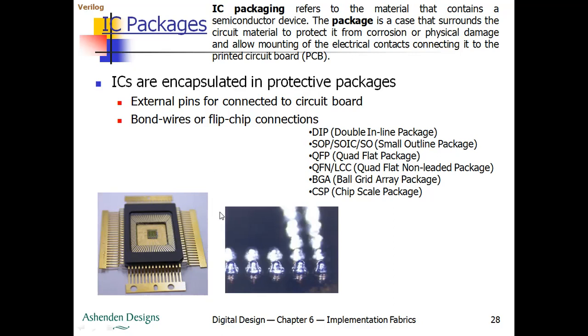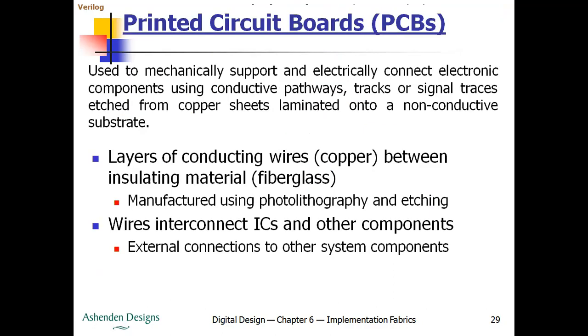So you can take care of this particular figure, as well as the different types of packages shown here, and also the definition of the word IC packages. Explain these points.